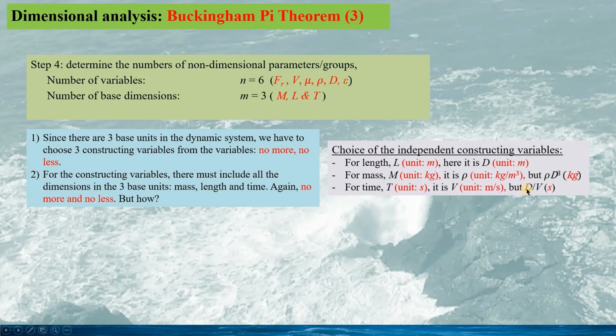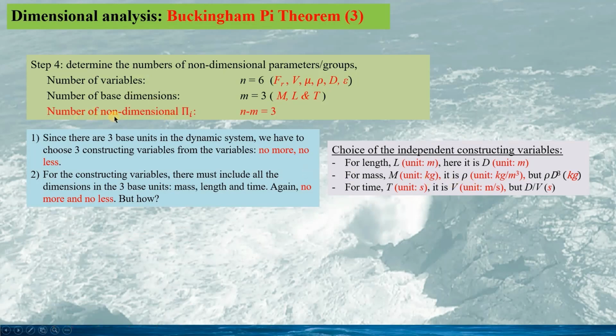We can construct the time using d divided by v, so we have the unit second. Here I would say these three chosen constructing variables, the diameter or the length, the density, and the velocity are always correct as the constructing variables for most of the fluid dynamic problems.